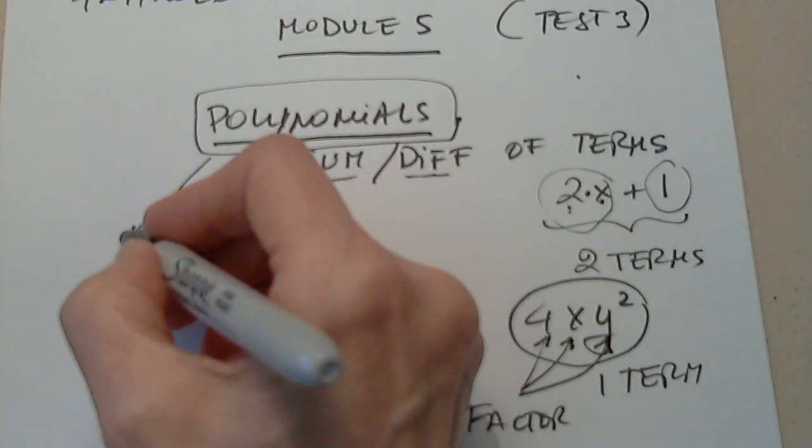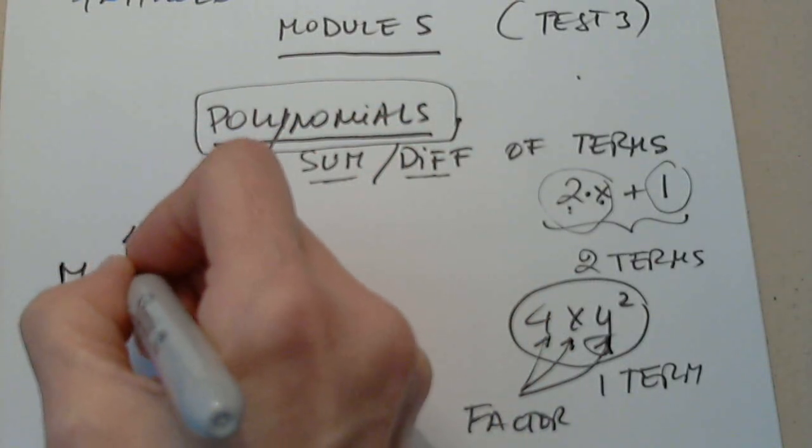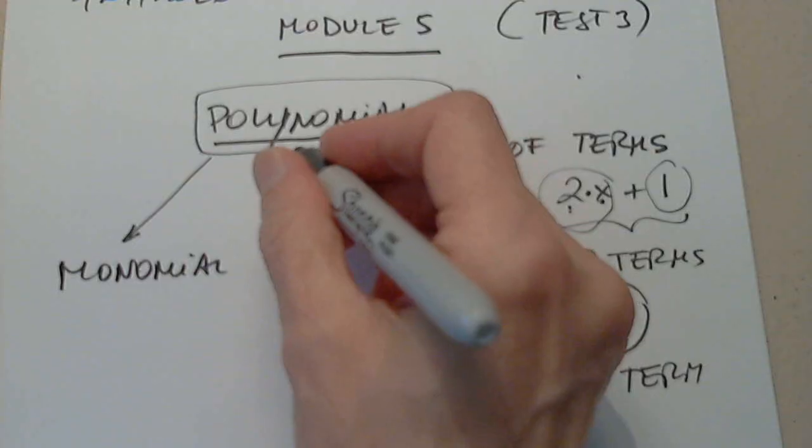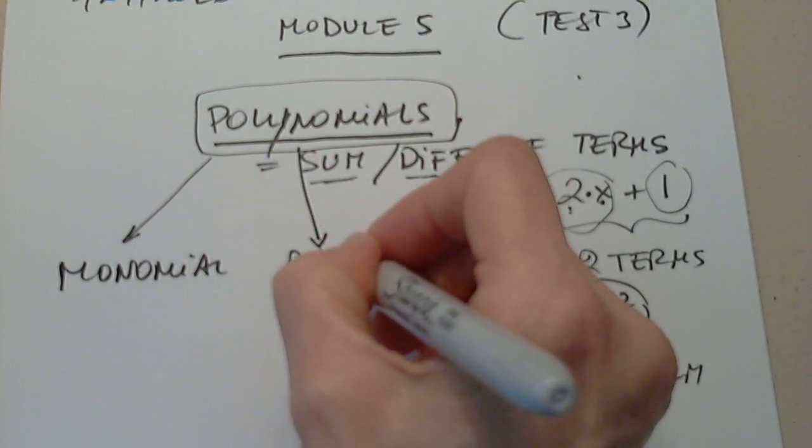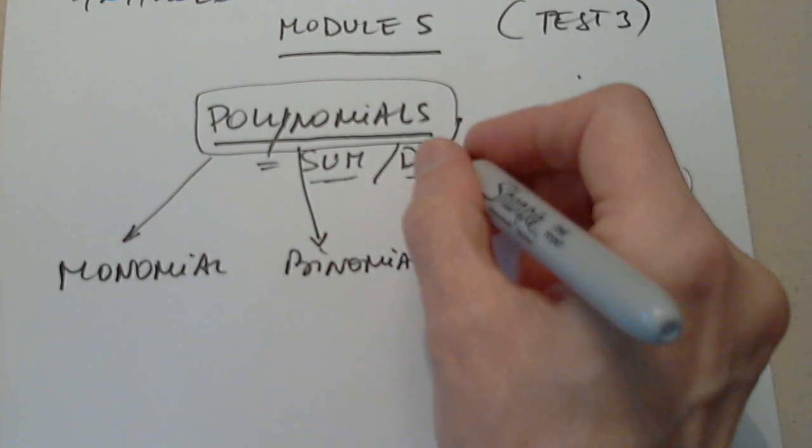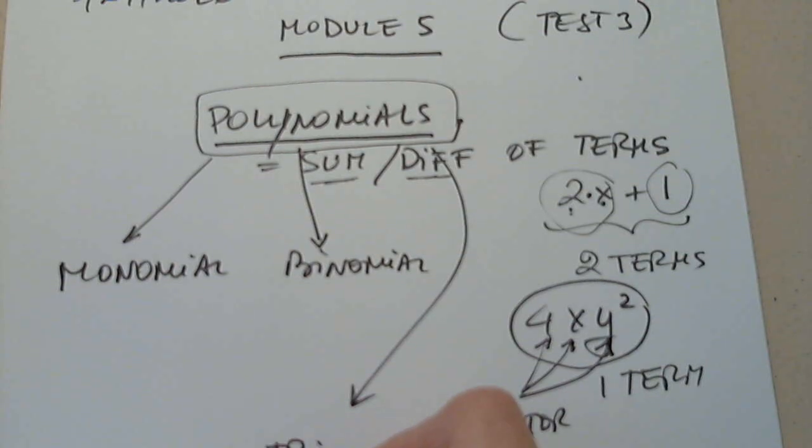Now the first three, monomial, binomial, and trinomial, they are the simplest polynomials. All these are polynomials.